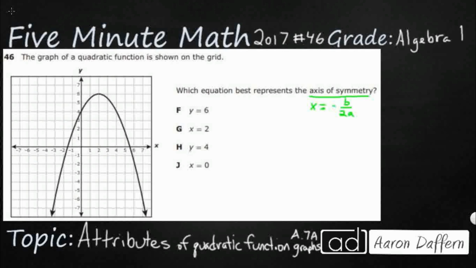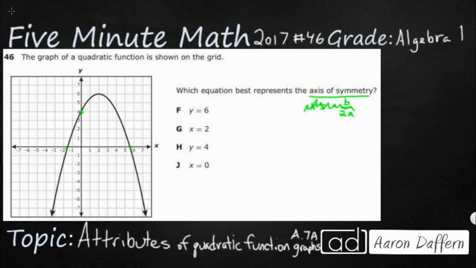And so let's just move past that and let's visually see what we know about this graph. Well, we know that we've got some intercepts here. So let's talk about those intercepts real quick.